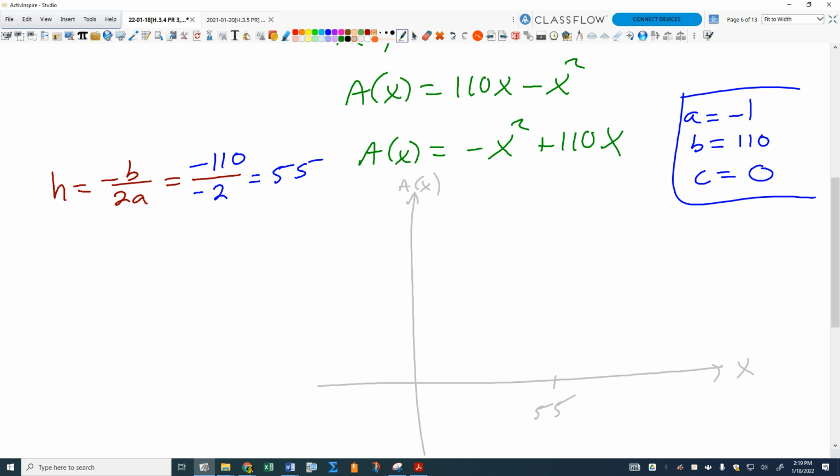How do I do that? What's my process for finding k? Yeah, plug it in. Good. It's going to be f of h, in this case A of h, right? So it's A of 55. Okay, so if I plug that in, I'm going to get negative 55 squared.